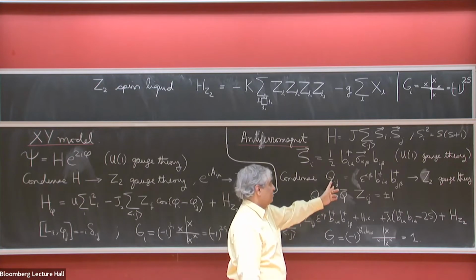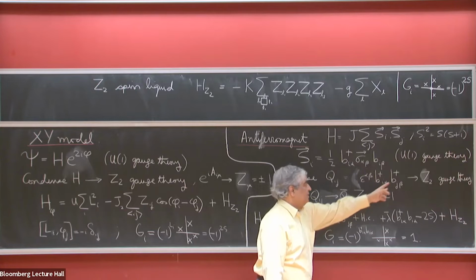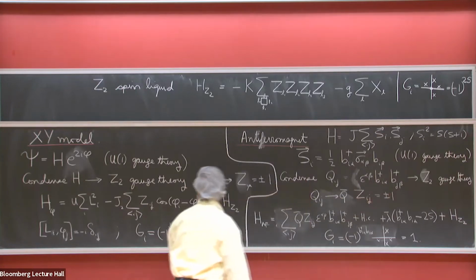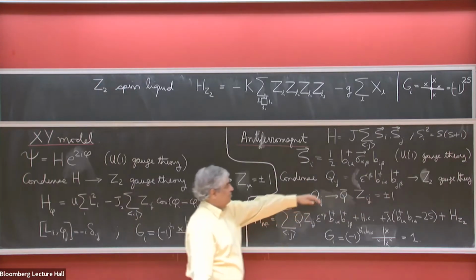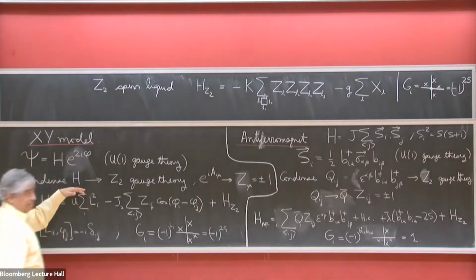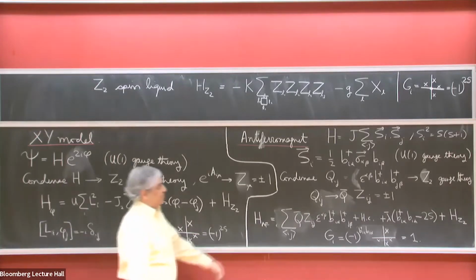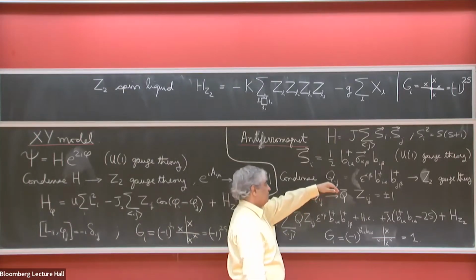That's this Q_iQ_j field, which is a pair of bosons. So you have some bosons, they pair up and they condense. And this condensation of Q is exactly the same as the H condensing here. And H had a U1 gauge charge of 2, if you remember. And so does Q have a U1 gauge charge of 2.